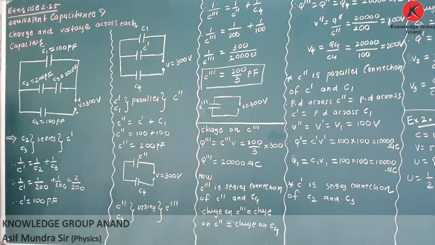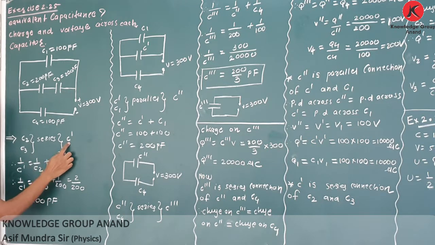It is easily understood from this figure. These 2 capacitors are in series connection because they are on the same path. So C2 and C3 are in series connection.